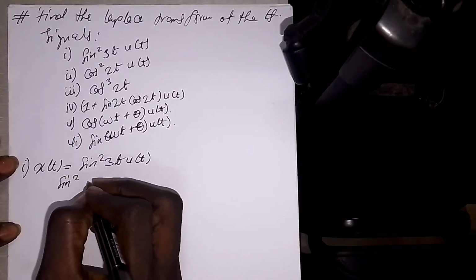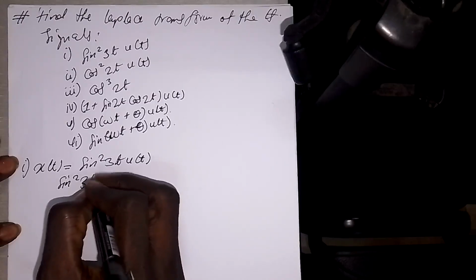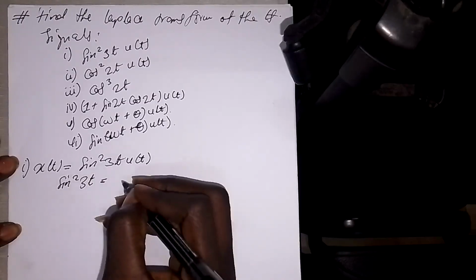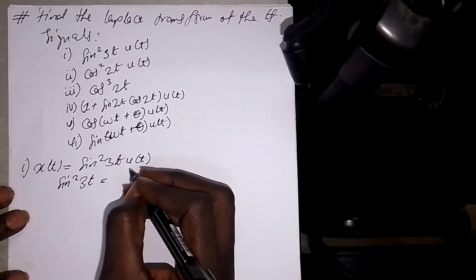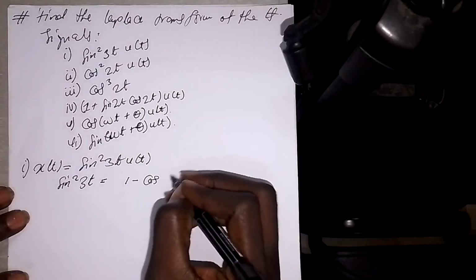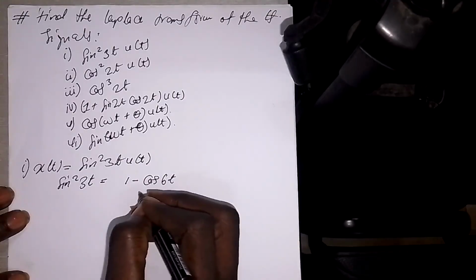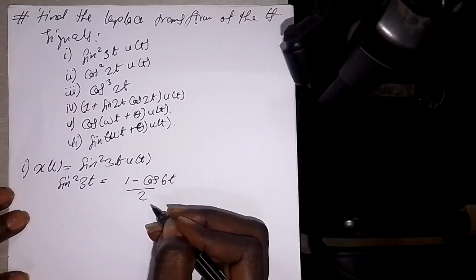Sine squared 3t is actually equal to (1 minus cos 6t) over 2.